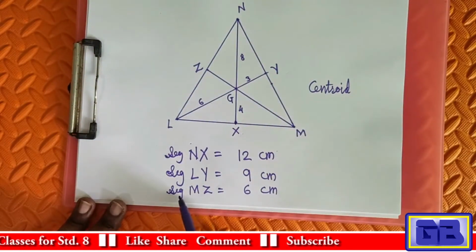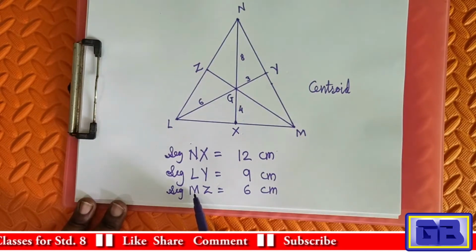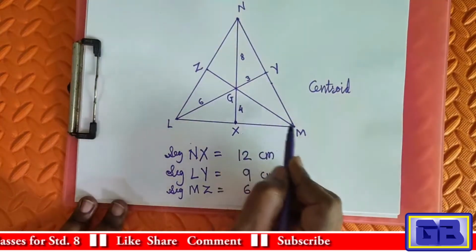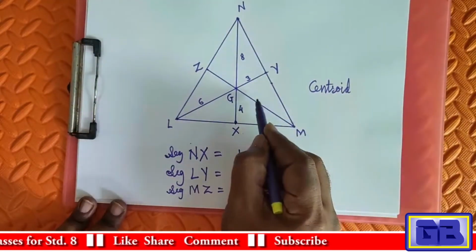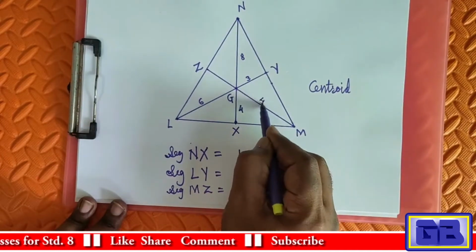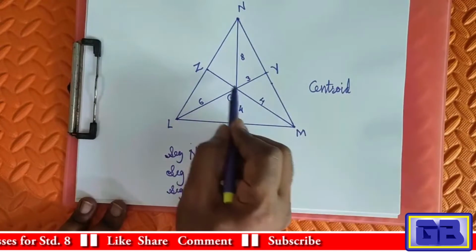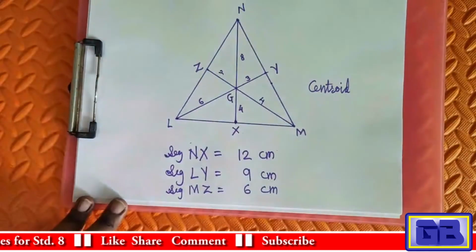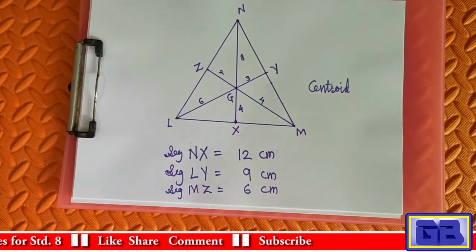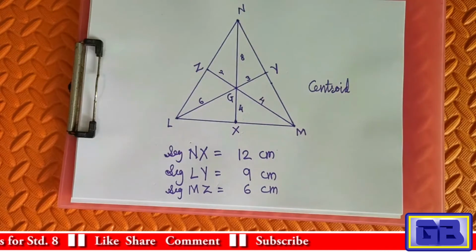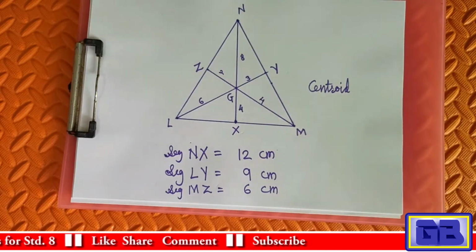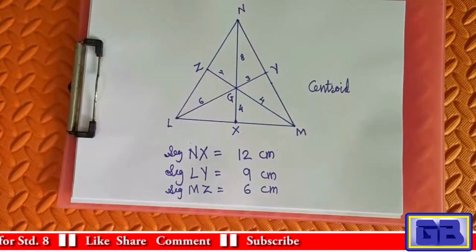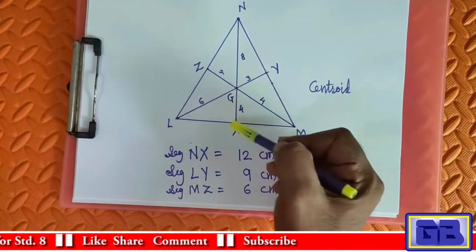And lastly, median MZ, we have taken total 6 centimeter, then MG will be 4 centimeter and GZ or ZG will be 2 centimeter. This is the distribution of the measures of the medians from centroid G.